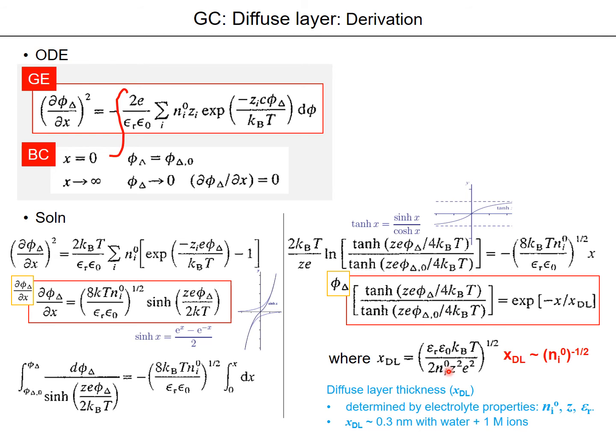And G, the number of charge for species i, and the other things are constants. So the diffuse layer thickness is determined only by electrolyte properties, those three things. No information about the electrode is involved in this equation. So everything is determined by the properties of the electrolyte.